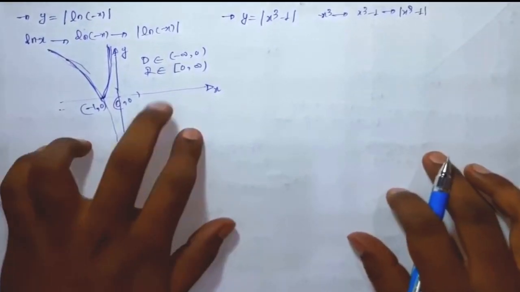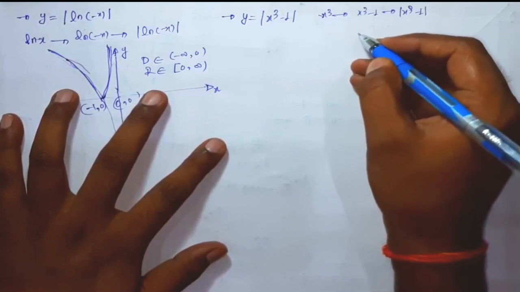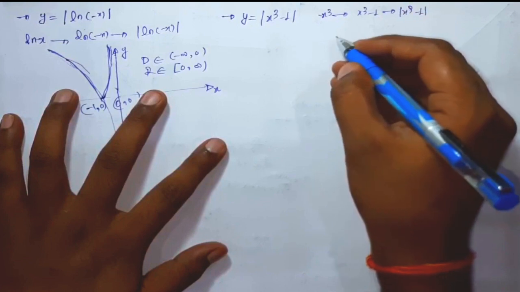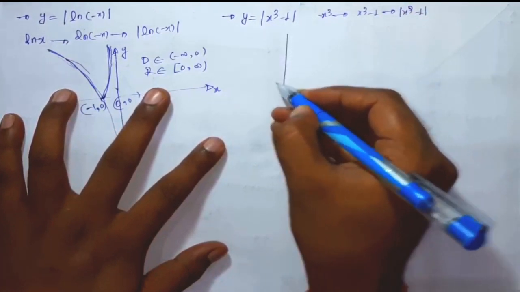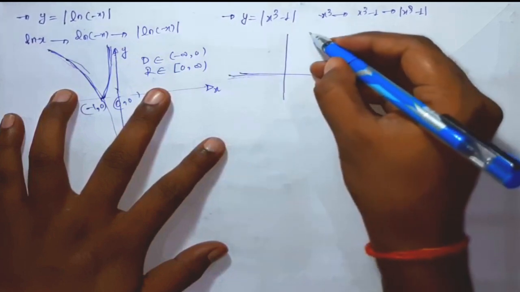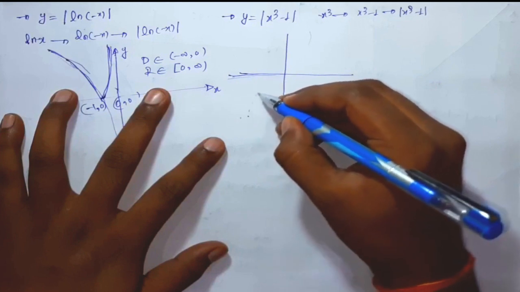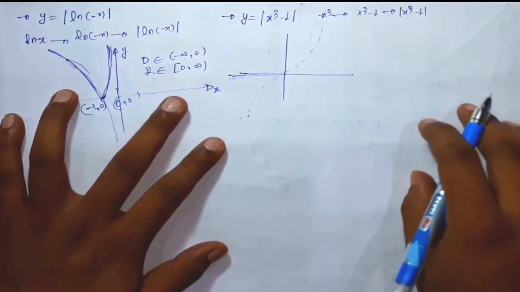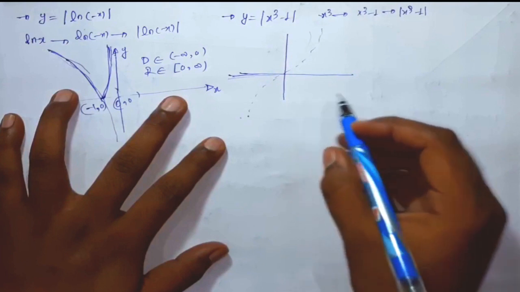So what is the graph of x cube minus 1? x cube minus 1 will be like this. This will be x cube. Then we are going to shift this x cube in the negative y direction, that means by a distance of 1.